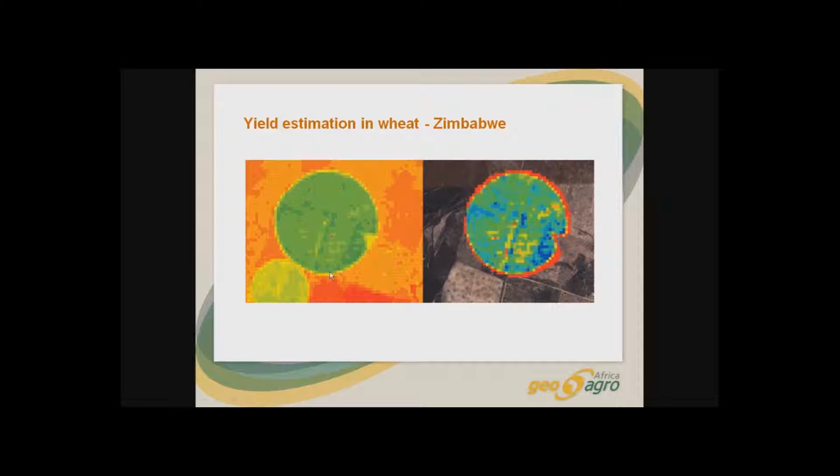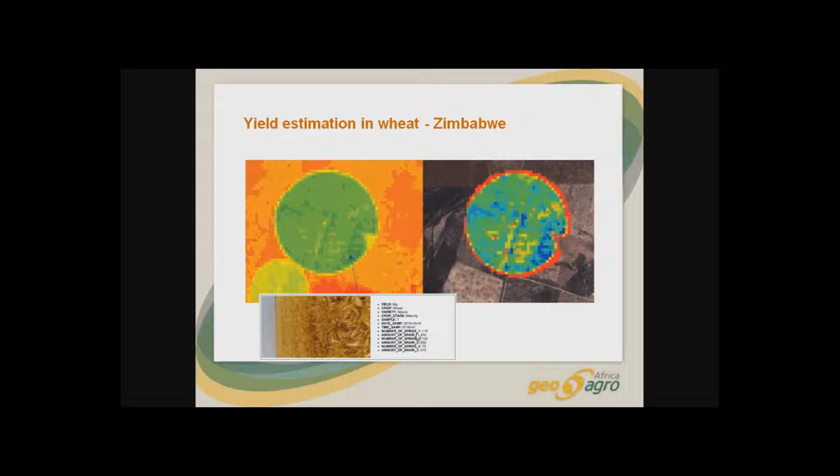So the basic concept is that in different locations, according to a protocol, they're going to take some samples related with yield measurement. That means number of spikes and amount of grain.